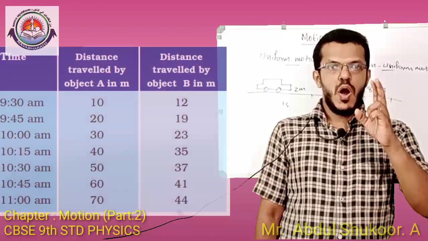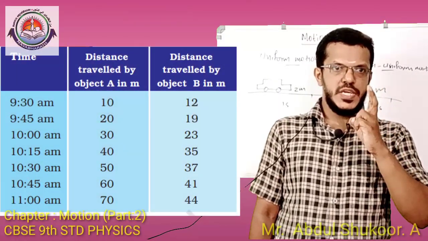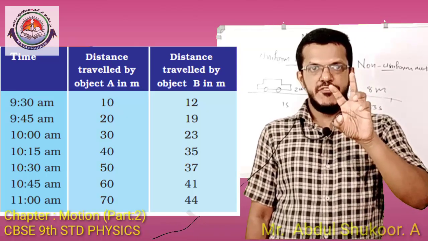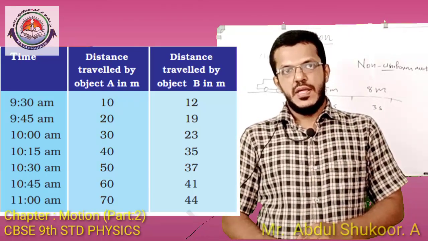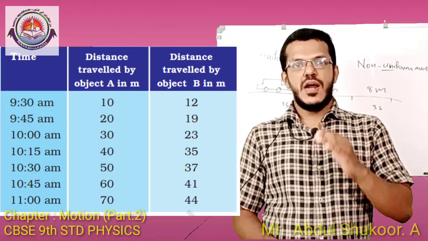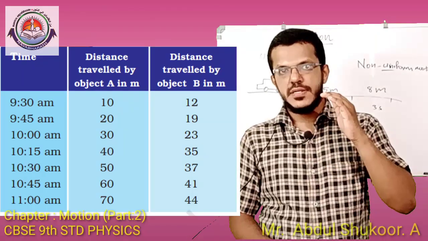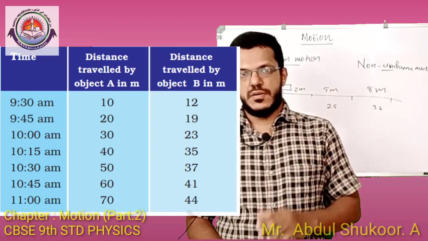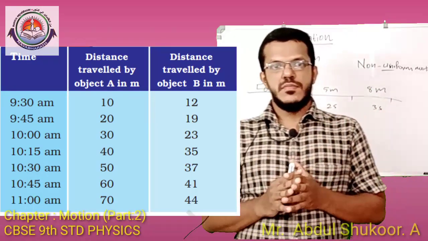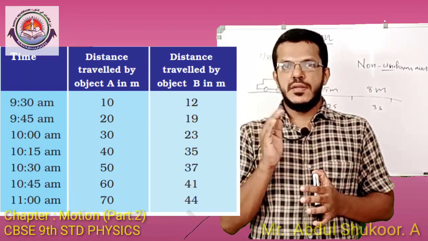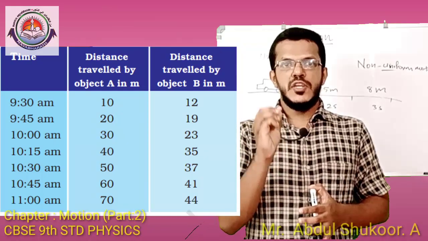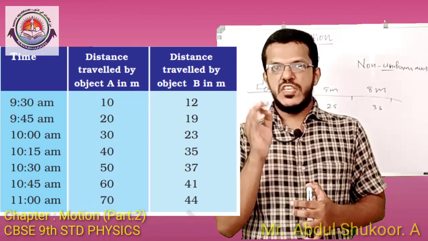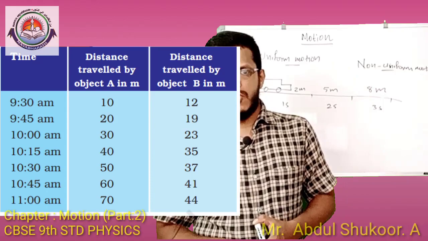Two objects, A and B, travel in different situations. These two objects start their journey at 9:30 a.m. and end at 11 o'clock. By observing this table, can you understand which object is in uniform motion and which object is in non-uniform motion?